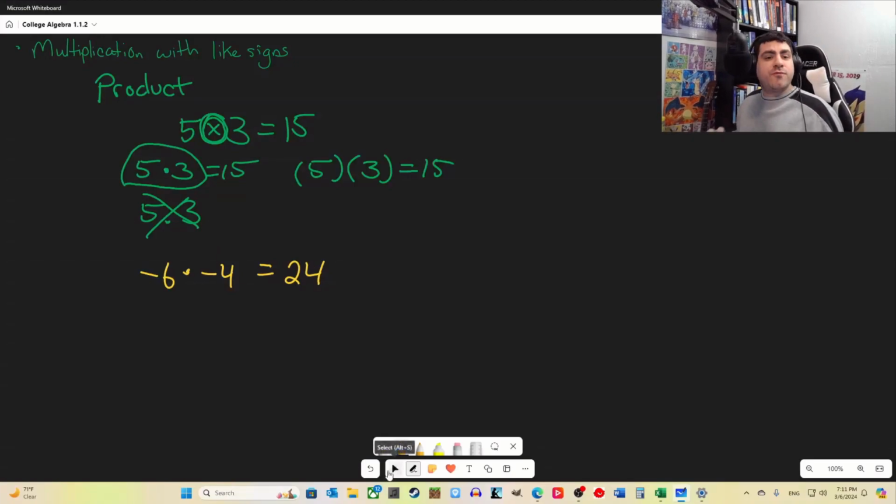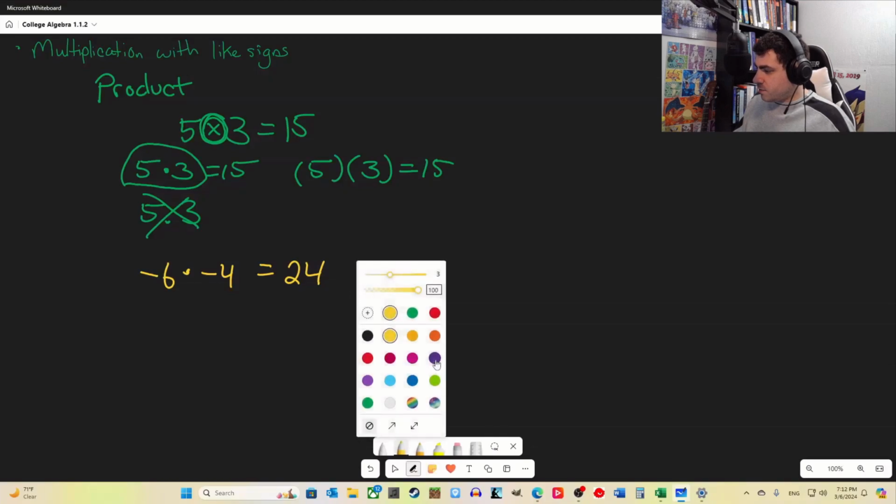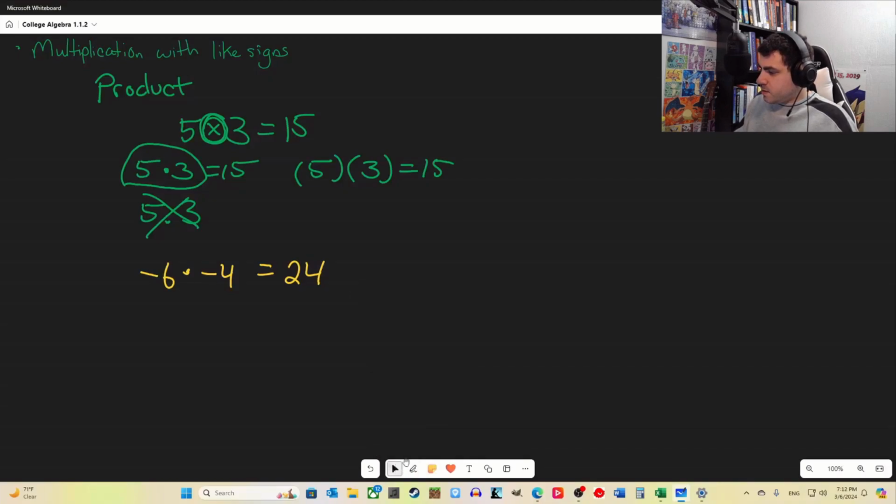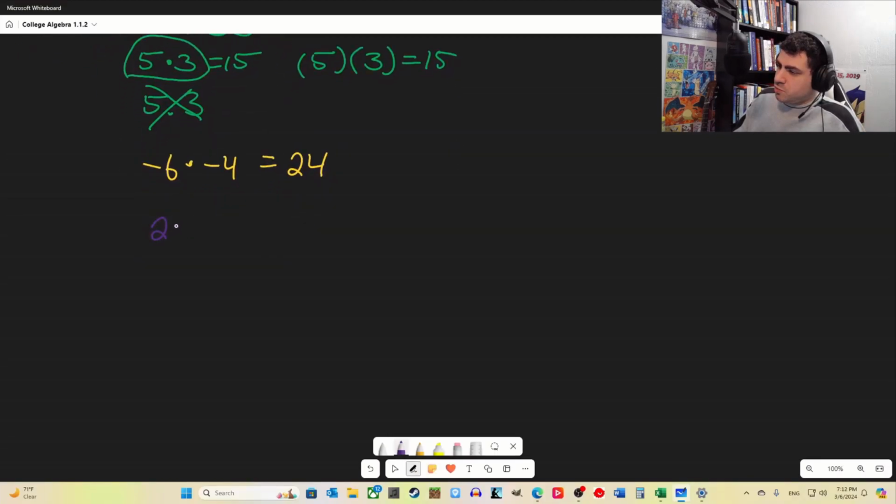So what if the two numbers have different signs? Say we have, let's pull another marker. Let's go to purple this time. Say we have 2 times -7. When you have two numbers with different signs, it doesn't matter which number is bigger or which has the negative or positive sign.